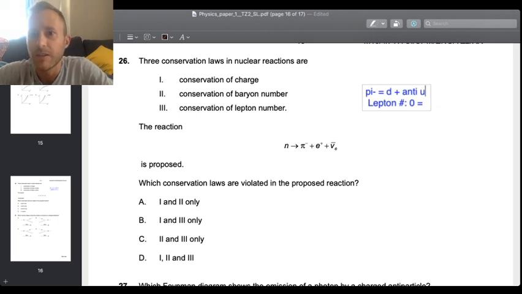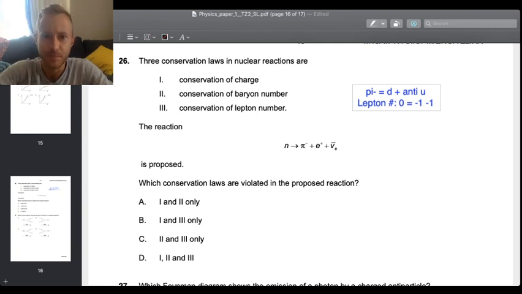So it has a charge of -1, and it has a lepton number of 0 because it's made out of quarks. So the products have a lepton number of 0 for the pi minus, -1 for the anti-electron, and then -1 for the anti-electron neutrino. So lepton number is violated because we have 0 goes into -2.